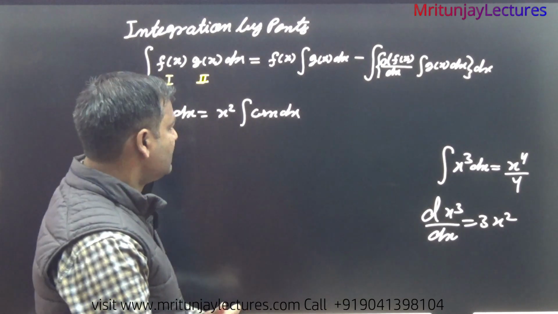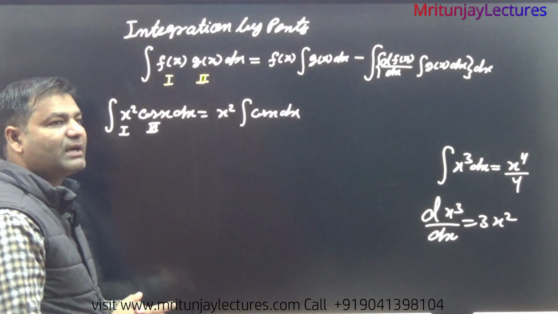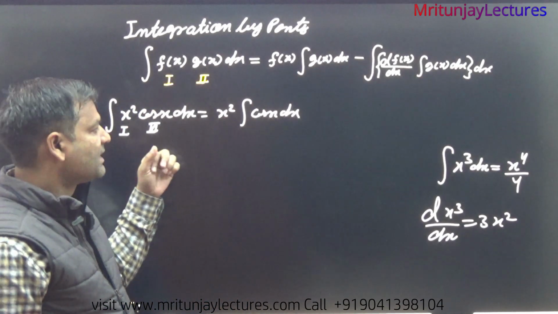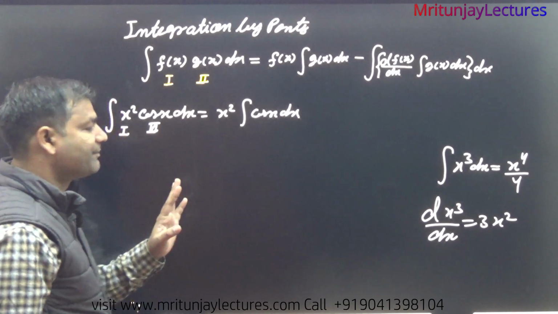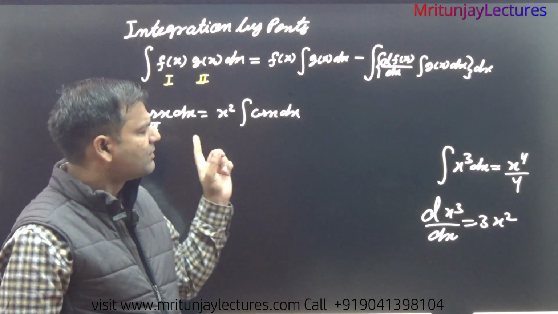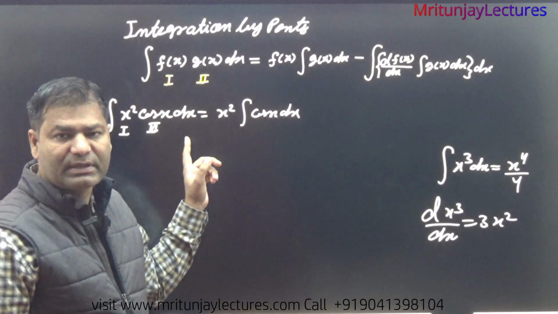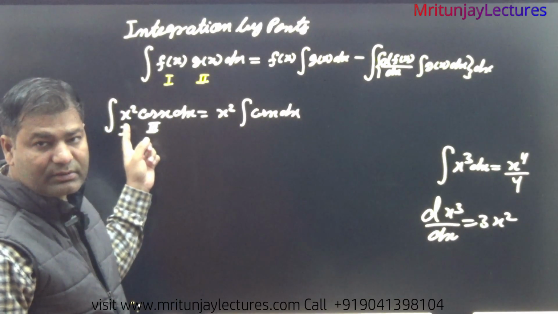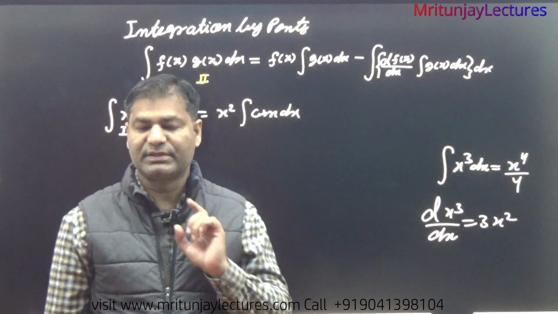Otherwise, if the power increases, then your answer is not obtained easily. Okay. Some special cases depend upon which type of function it is. Otherwise, most of the time, 99.99%, if a trigonometric function is available together with polynomials, then take the polynomial as the first function.